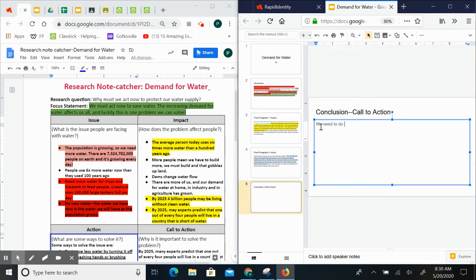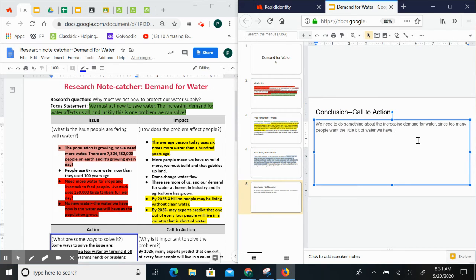We need to do something about the increasing demand for water, since too many people want the little bit of water we have. So I restated the problem.